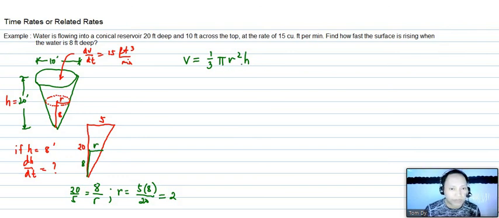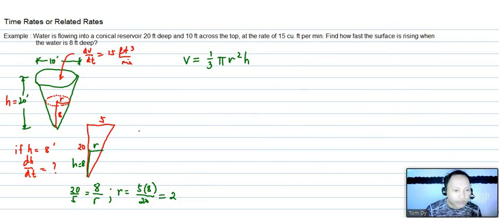For this time, we will make a relationship between r and h. So again, going back to this right triangle, if h equals 8, then r equals 2. We make use of the h and r relationship so that we can substitute our r, because we want to find dh over dt.